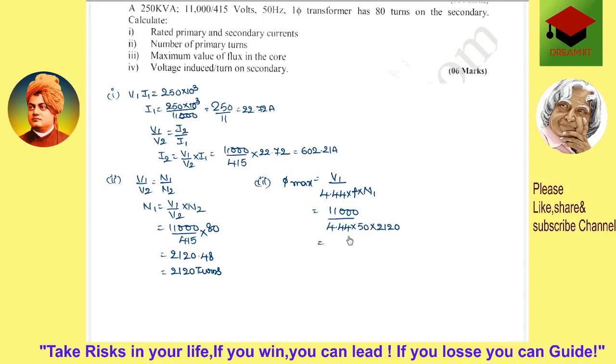So 11,000 divided by 4.44 into 50 into 2120. One second, give me time. 2120 into 4.44 into 50.